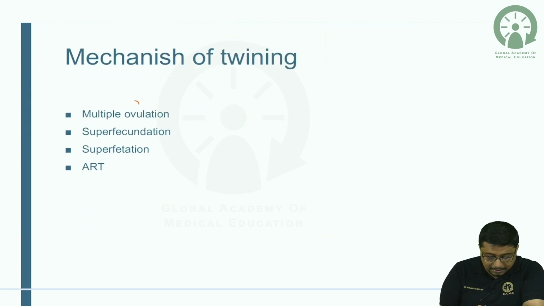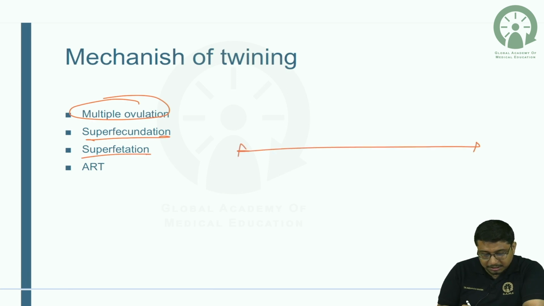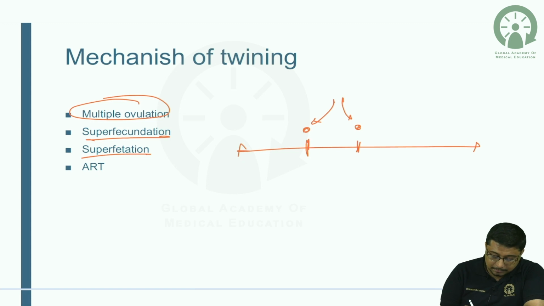Okay, so mechanism of twinning is by multiple ovulation or superfecundation. Now, what is superfecundation? Superfecundation is in the same cycle, 2 different days, 2 different ovulations happened, and they both get fertilized.